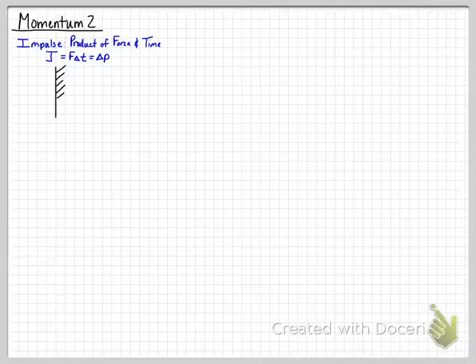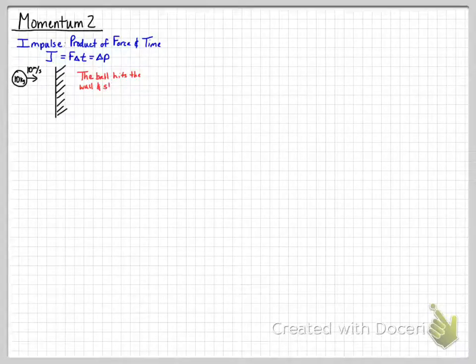So how we're going to look at this is we're going to have a ball that is 10 kilograms traveling at 10 meters per second toward the wall. The ball hits the wall and stops. It's going to stick. It's going to stop. So the final velocity will be 0.